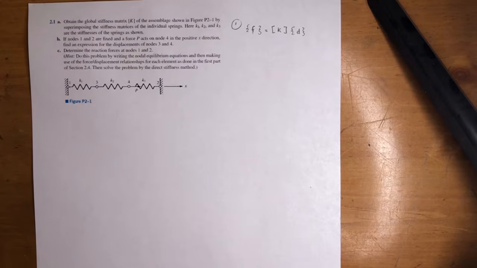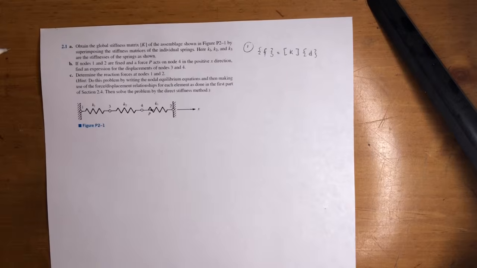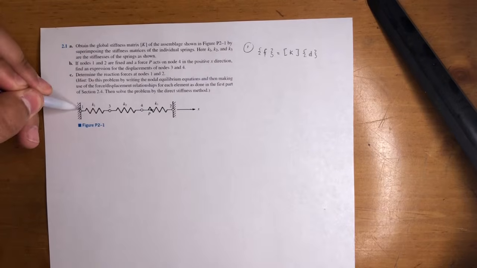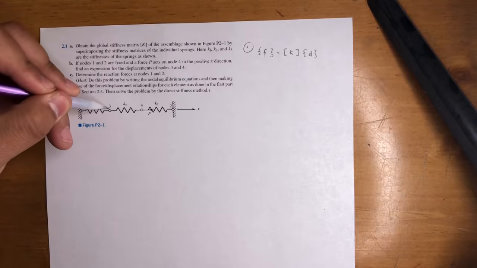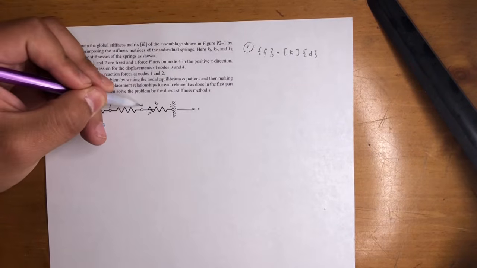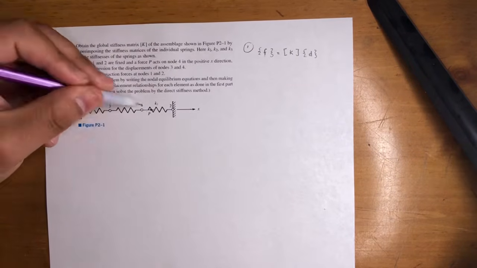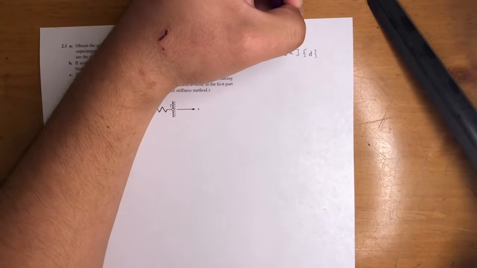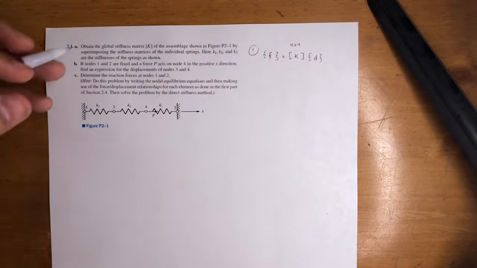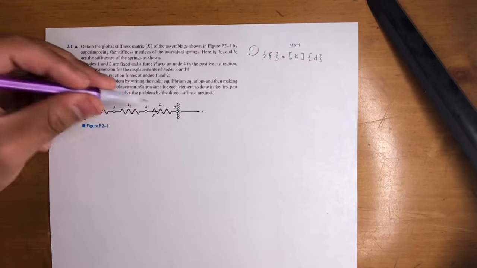Either way, each problem will go one by one. So again, now let's look at the problem itself. We've got a node here, node 1. This is node 3, node 4, and node 2. So there are 4 nodes total. That means this is going to be a 4 by 4 matrix. We have 3 springs.